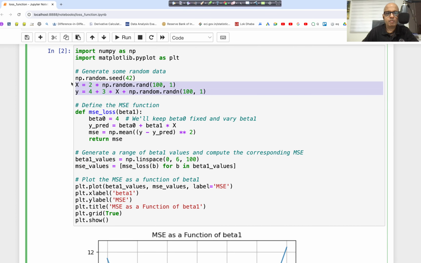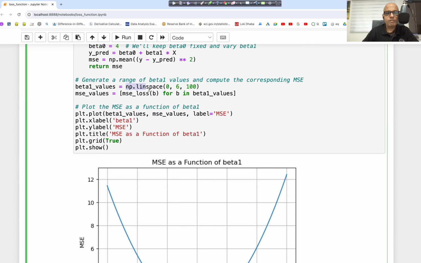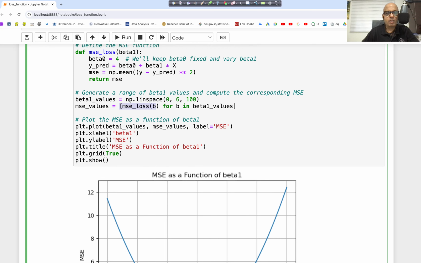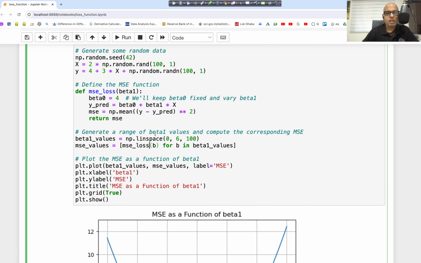Essentially, we are just creating some random values of x and y. We have a function which is the same as what we saw just now. It calculates the MSE, mean squared error, and then we have values for beta 1 in the equation that we saw, and we calculate the loss for several values of beta 1, and in this case for beta 0 we are saying that the value is kept at 4.